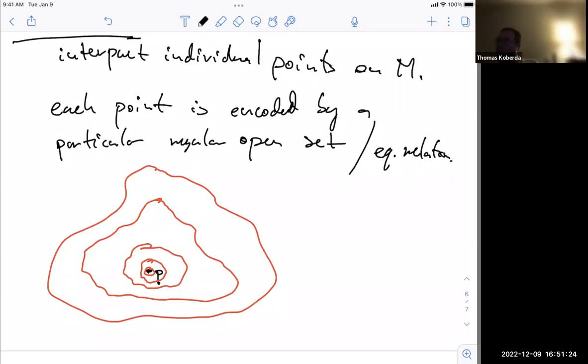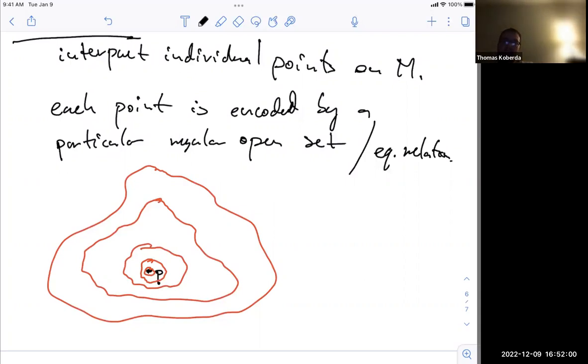So the order type of these sets shrinking down to a point is the one that you expect, the omega order type. And then the last thing you need to do is make sure that you converge to a unique point, which basically means that if you have two neighborhoods of points, then one of them is eventually contained in the outer part of these red rings that are encircling the point.